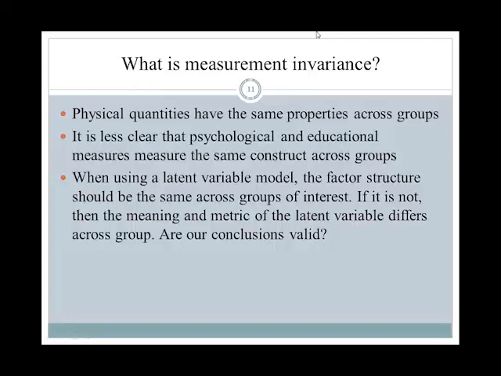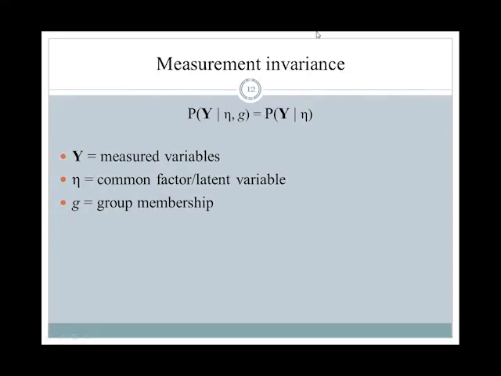So when we use a common factor model, the factor structure should be the same across groups. The latent variable should have the same relationship to the items across groups of people. And if the relationship is different, can we make conclusions validly? Here's the mathematical representation of measurement invariance.